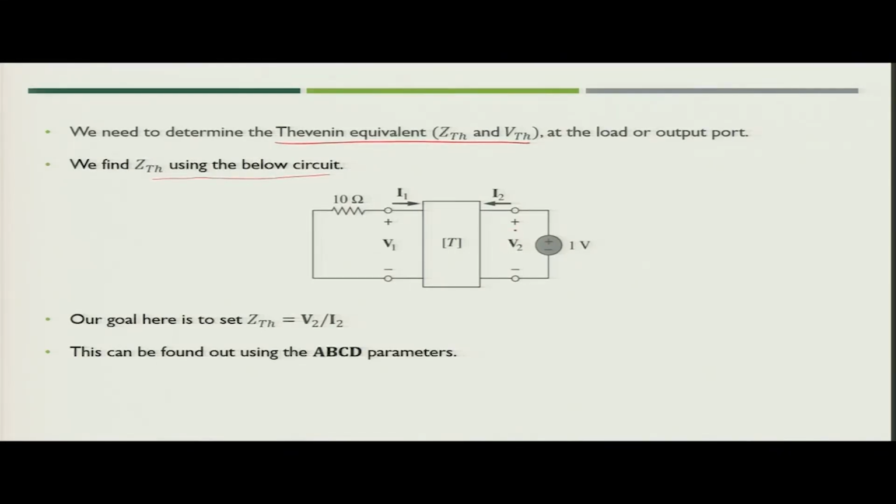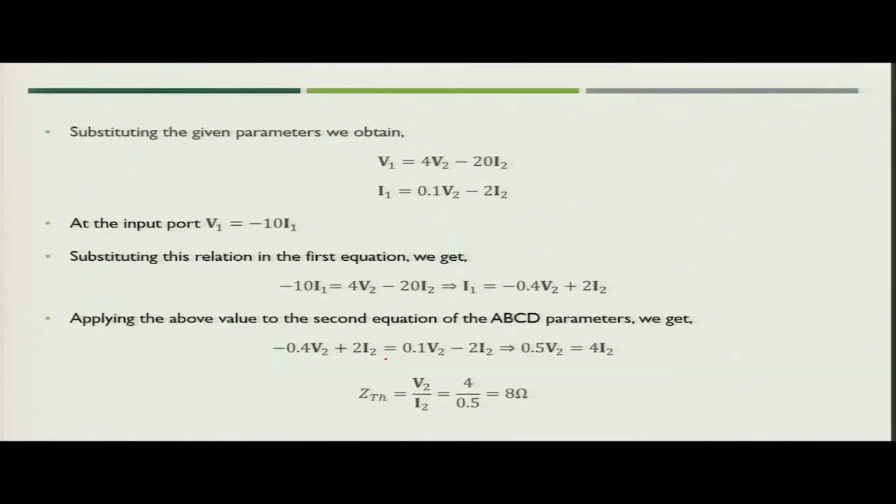So, when you get the value of V2 and I2, you can simply find out the value of ZTH. This relationship between V2 and I2 we will get with the help of ABCD parameters. So, if you put the values of A, B, C and D, you can simply write V1 and I1 as V1 is equal to 4 V2 minus 20 I2, I1 is equal to 0.1 V2 minus 2 I2.